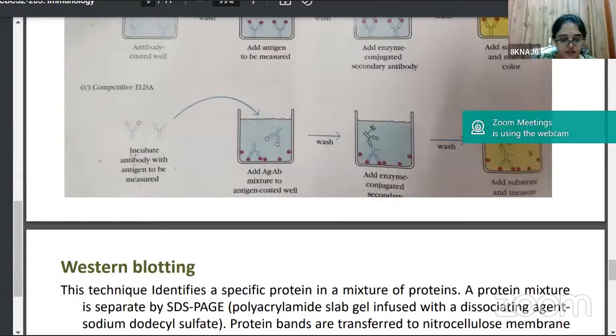If it is injected into the blood, each antigenic determinant, that is the epitope, stimulates production of a particular antibody. If there is cross reactivity, a particular antibody or T cell receptor can react with one or two antigens. If they have a common epitope, this is known as cross reactivity.